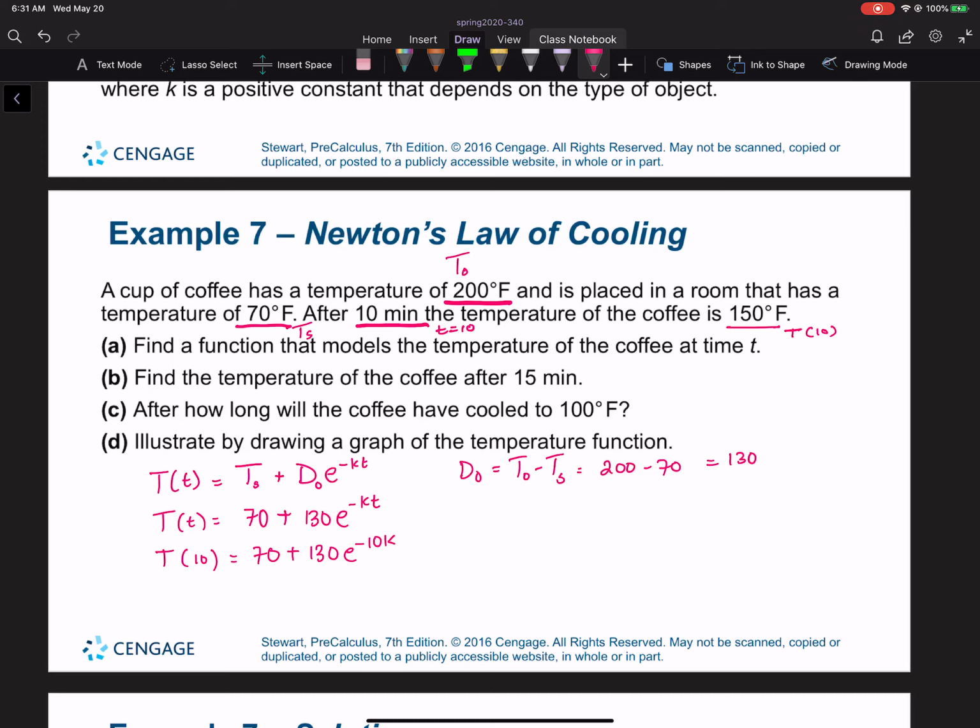The only thing we have to do is figure out what k is. So let's start solving. I have 130 e to the negative 10k is equal to 80. Then I divide everything by 130, so e to the negative 10k is equal to 80 divided by 130.